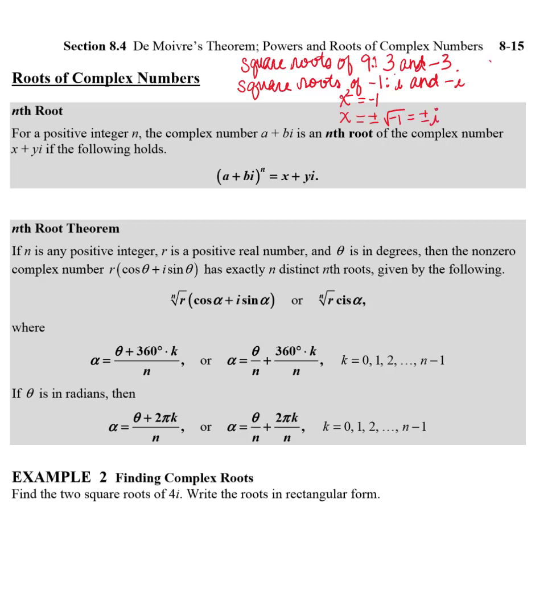Now the cube roots of 8, we know that 2 is a cube root of 8, but there are also 2 other cube roots of 8. So it's 2, and the other 2 are imaginary roots.